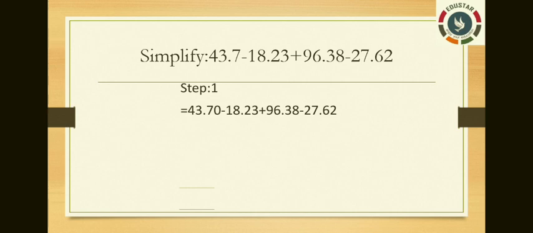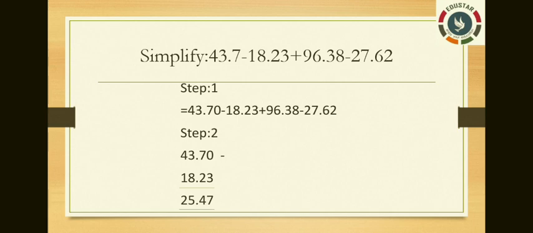Step 2, subtract the first two decimal numbers. 43.70 minus 18.23. Subtract these two decimal numbers, we will get 25.47.